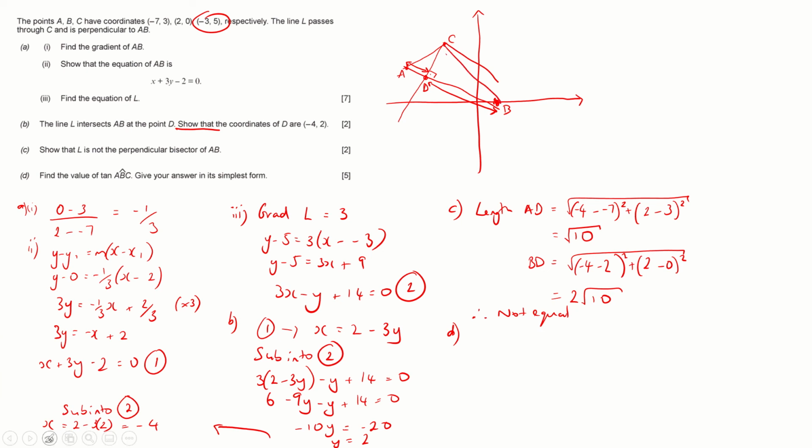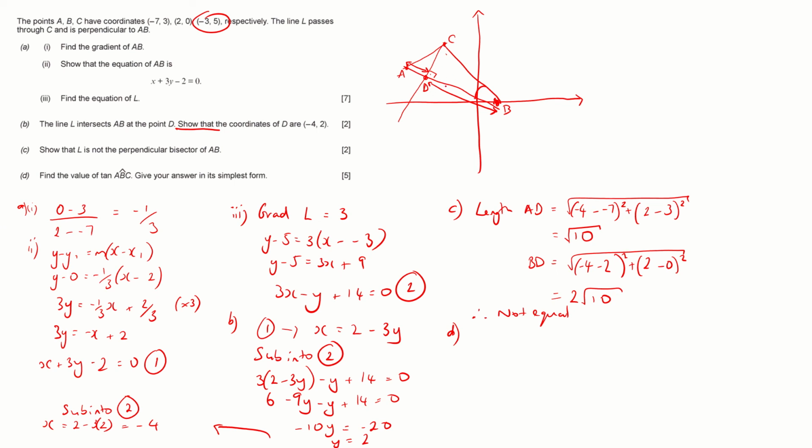That's a bit better, and I'll try and get rid of the separate one I did. Then we have a triangle. Tan ABC, that angle there, that is the angle ABC. And we want tan of that angle.